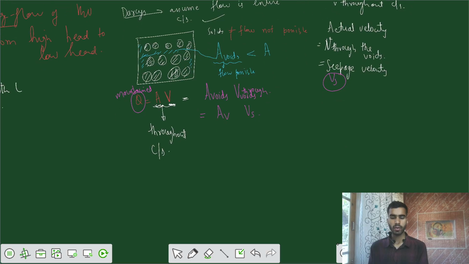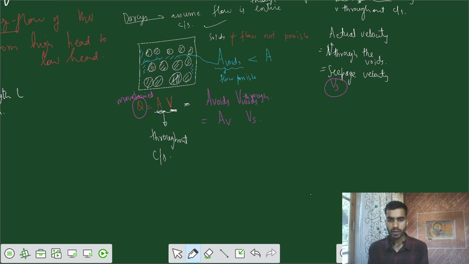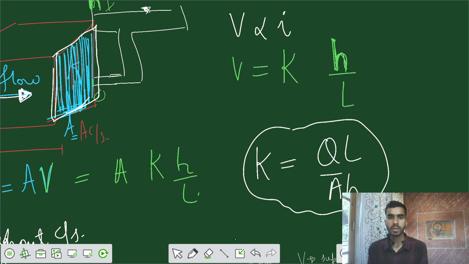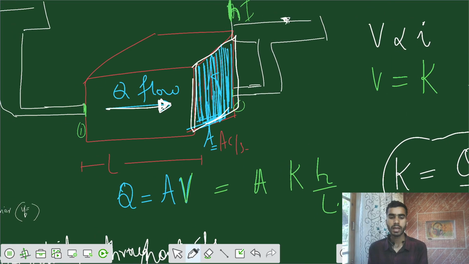So we can get one of the equations here. I'll write A into V is now equal to area of the voids into seepage velocity. And if I multiply by the total length of the specimen, we can get the total volume of the soil mass.